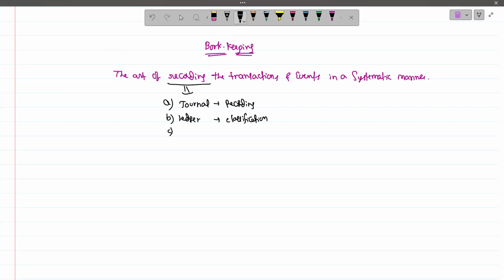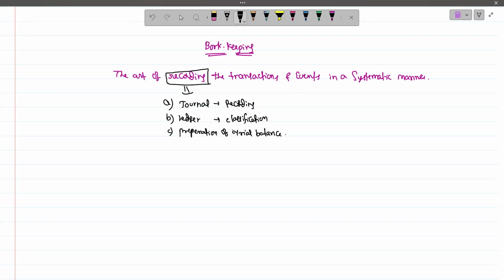Along with this, it also consists of the preparation of the trial balance. That means bookkeeping covers only the clerical work, only the recording phase of the transactions and events. Generally, only two books are maintained in regular business practice: one is the journal, another one is the ledger.